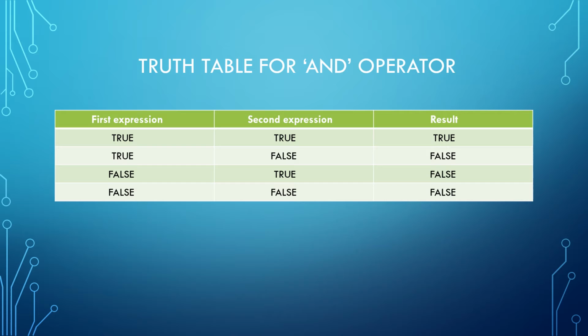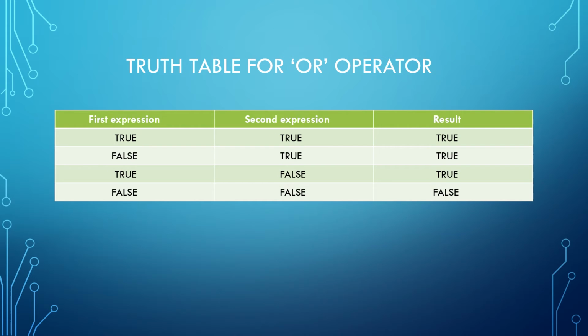If the first expression is false, second expression is true, the result will be false. If the first expression is false, second expression is false, the result will be false. So the truth table of AND finally gives us a result that if any one of the two expressions is false, the output or result will be false.